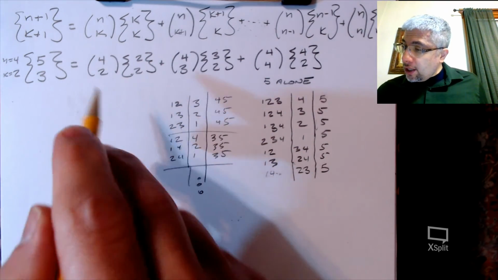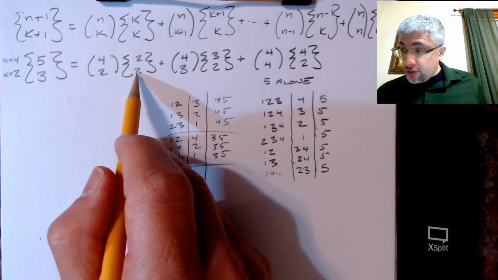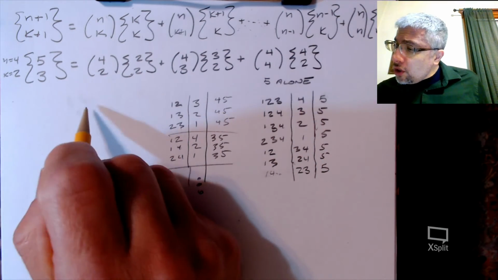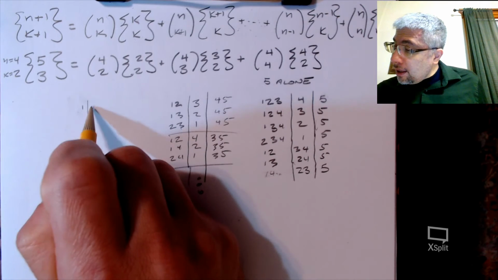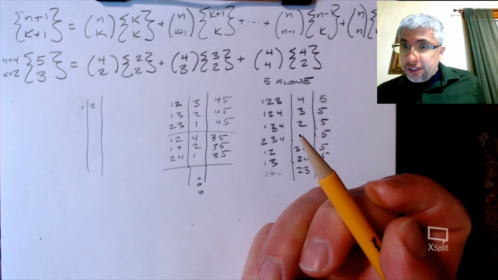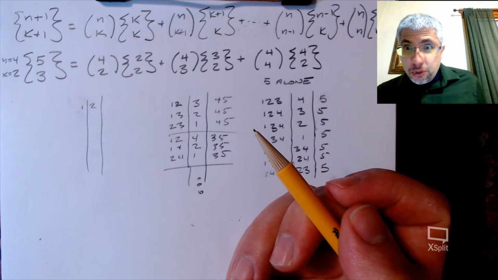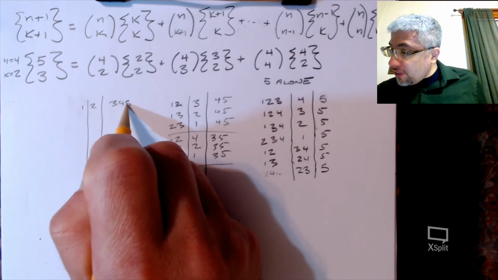Okay, now what about this one here? For this one, I'm choosing 2 things to split up into 2 groups, and everything else goes into 5's set, with the set that 5 is with. So let's say I could split 1 and 2. There's only one way to split 2 elements into 2 groups. They're each in one set. And everything else goes with the 5.